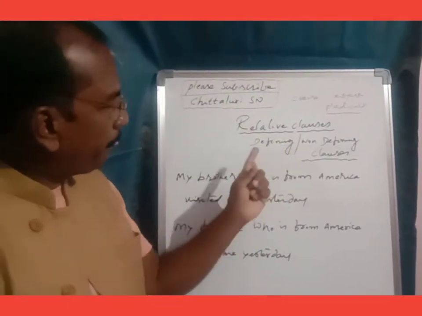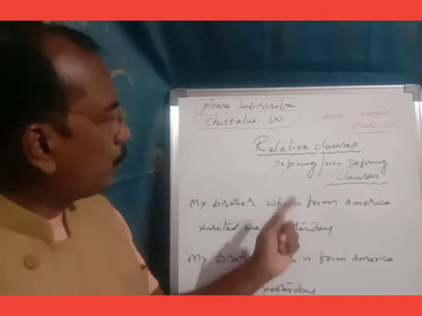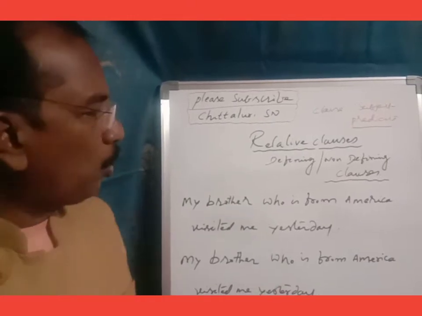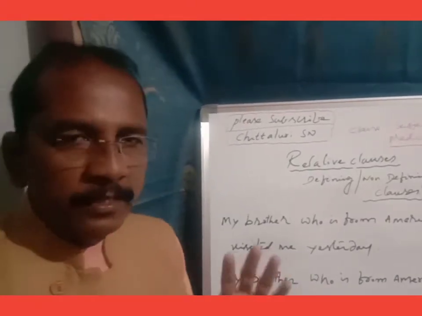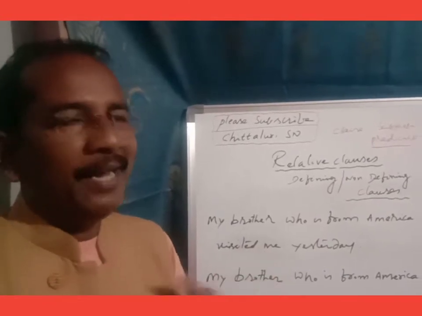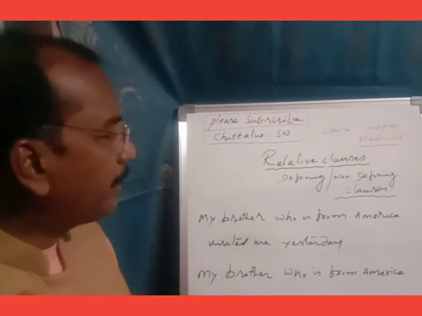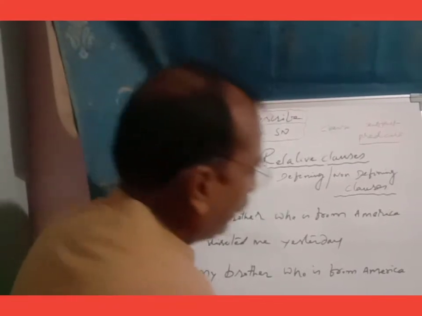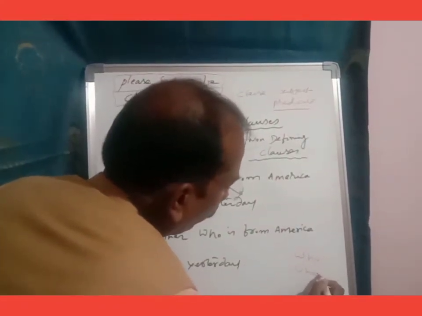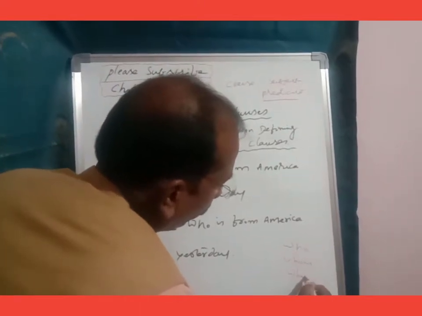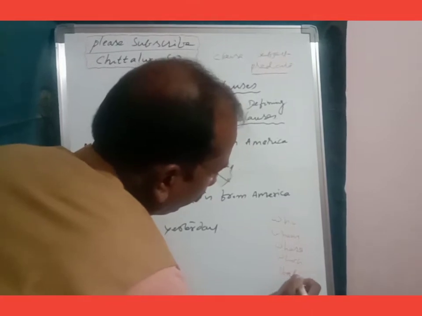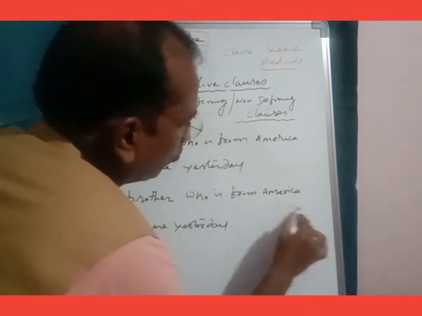And then we should know what a relative clause is. Generally, relative clauses begin with relative pronouns like who, whom, whose, which, that.